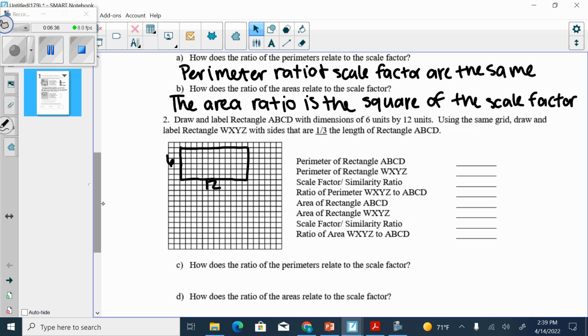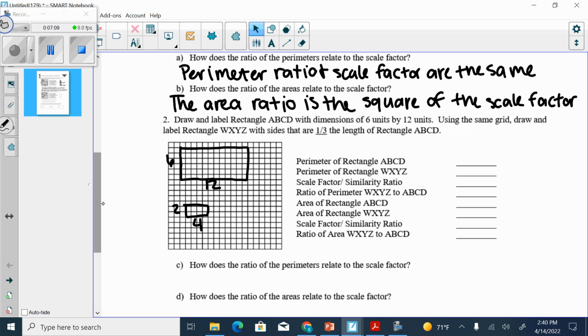And then it says, using that same grid, draw and label a rectangle WXYZ that has sides that are 1/3 of the length of the original. So this time instead of increasing in size, they're decreasing in size. So what is 1/3 of 6? 2. So now my side length is 2 units. And what is 1/3 of 12? 4. So it has a length of 4. So we have a 2 by 4 now.